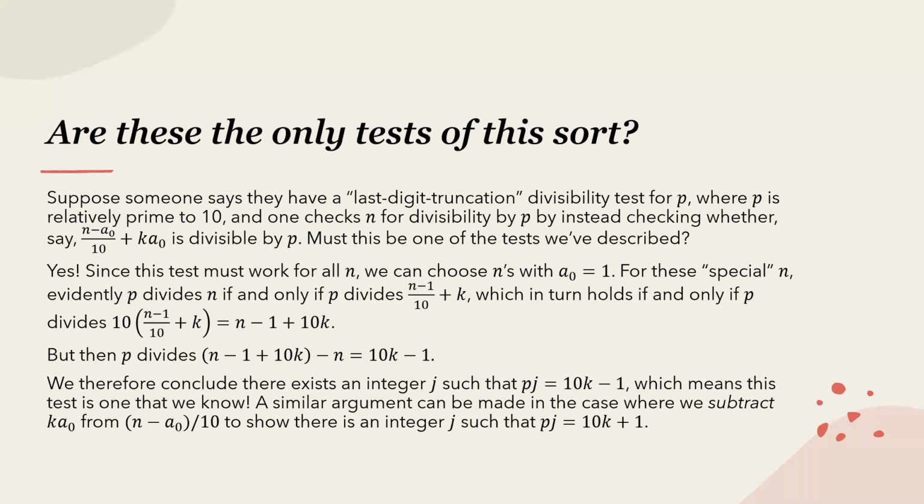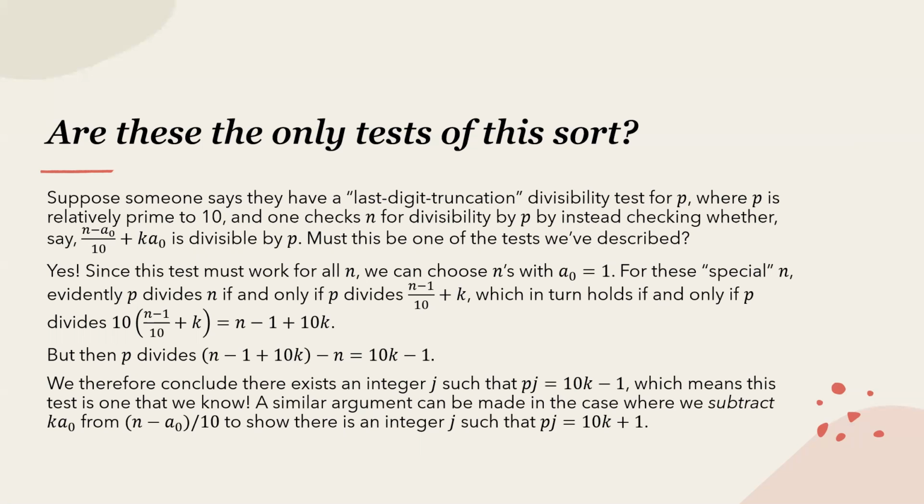So here's a little thing I want to ask. Suppose someone comes up to you in Chuck's and says, hey, I have a divisibility test for this particular prime that happens to be relatively prime to 10.